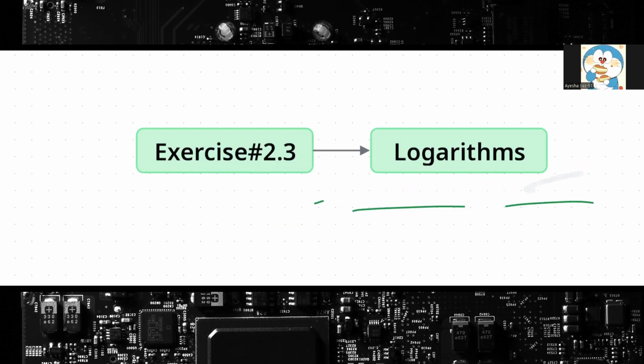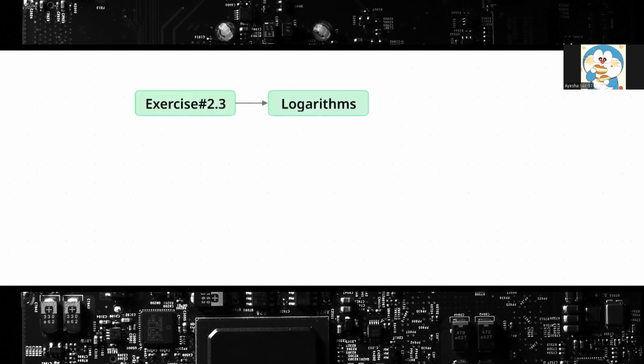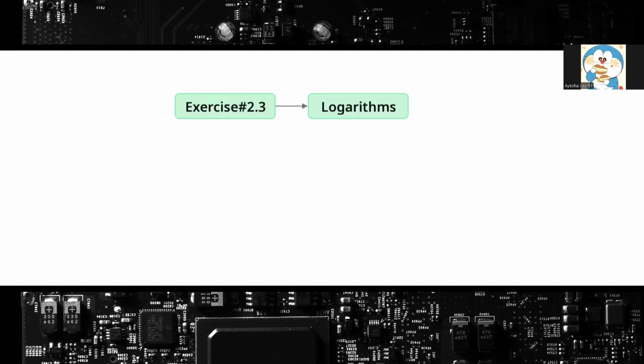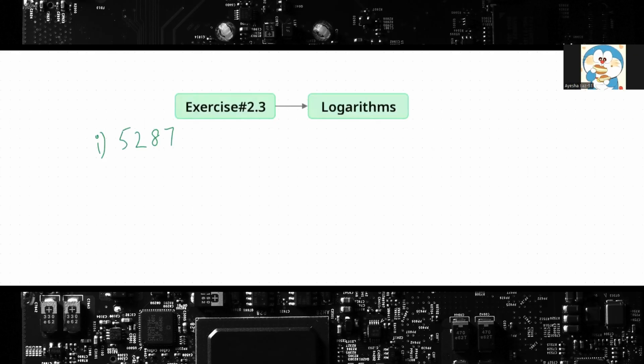So let me write an example over here. For example, you have a number 5287 and you need to find the characteristics of this number. First write this number in scientific notation.